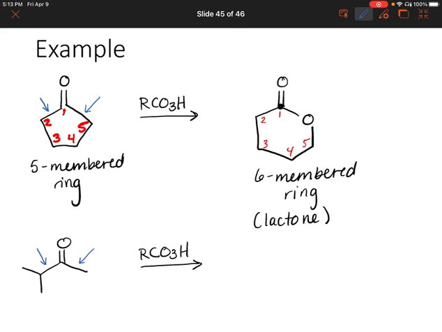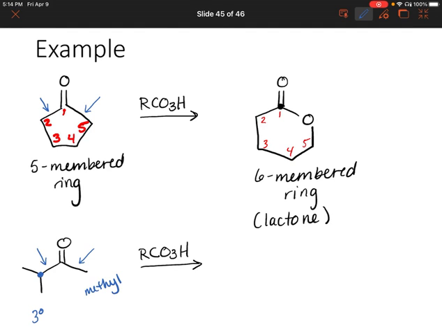So going back to our example, we have a methyl group on one side, and then, let's see, what type of carbon is on the left? A tertiary carbon, right? Because it's bonded to 3 other carbons.